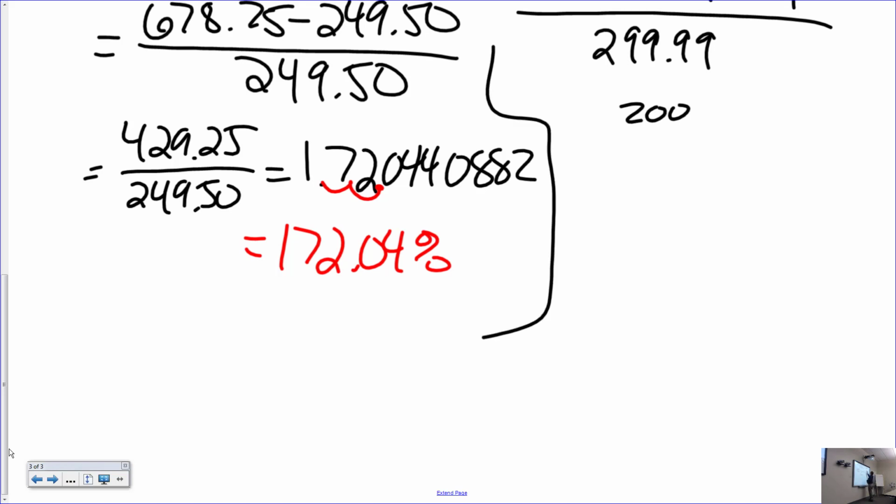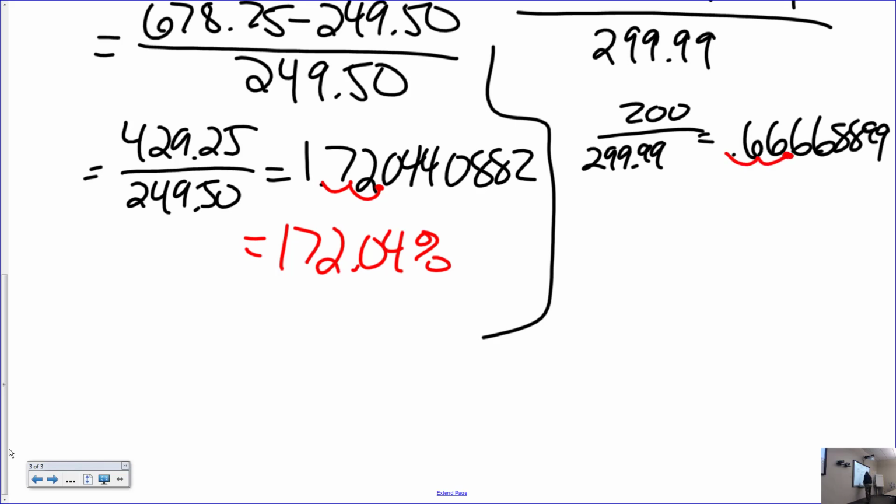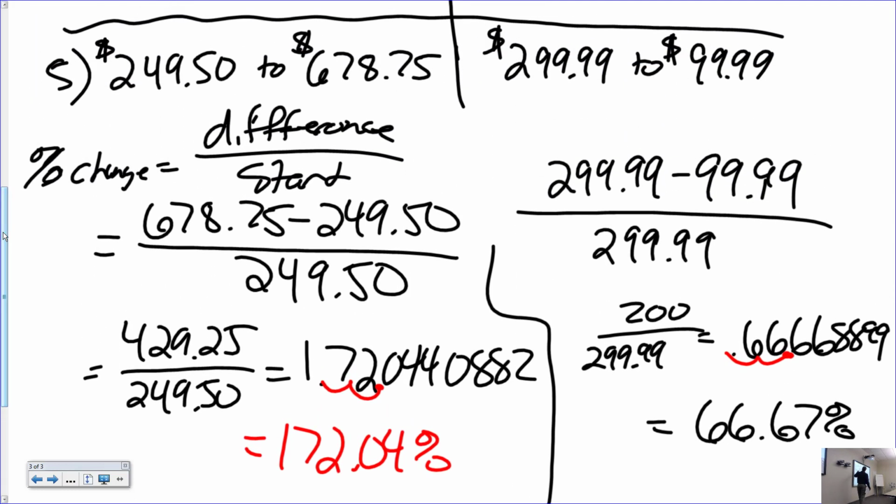Over here, you're going to get 200 over 299.99, which is 0.6666889. Again, that's a rate. Move the decimal over twice. 66.67%.